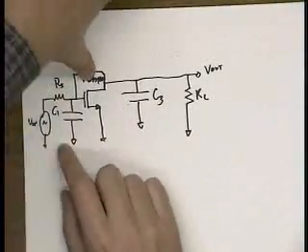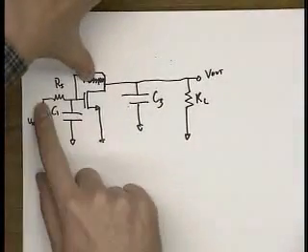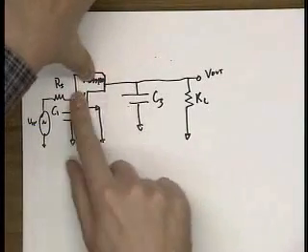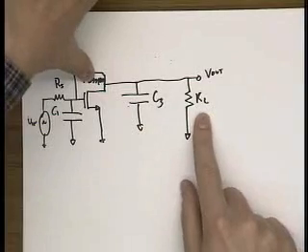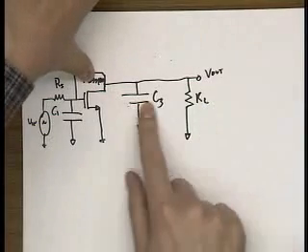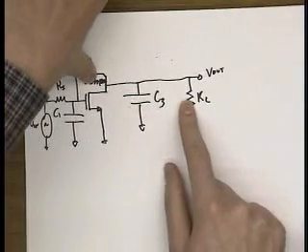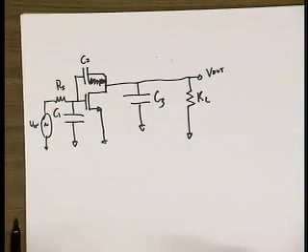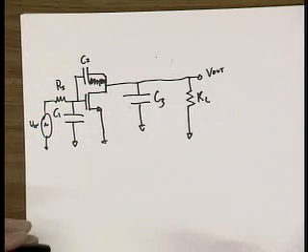One pole is RS C1. And then you've got this ideal transconductor with no communication between input and output, and the second pole would be C3 RL, okay? So that's easy. But that's typically not the case.